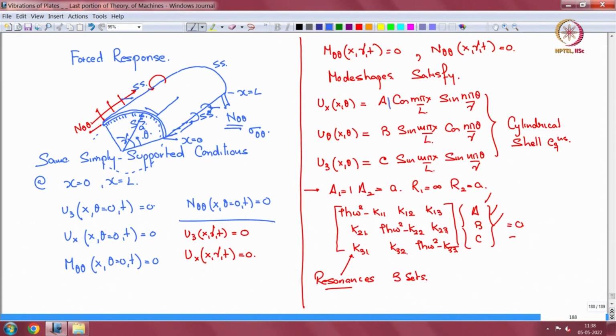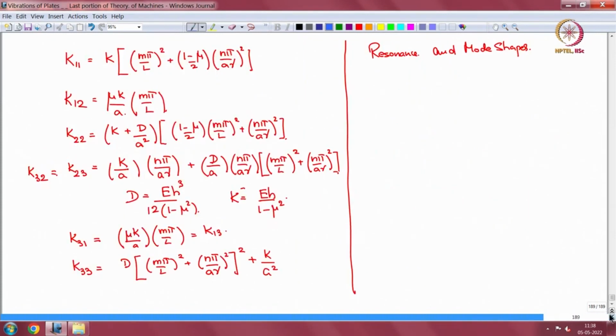That's important. This set of amplitudes and this set of shapes together is one mode shape. Each of these is not one mode shape. This together is one mode shape. So the A value, B value, C value are related at every m and n for that particular omega mn. That is a mode shape. So you can get the resonances and mode shapes.